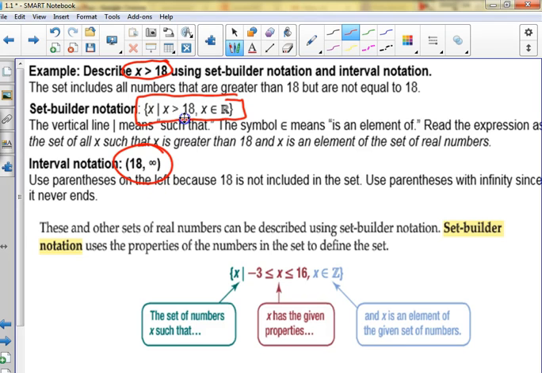But I just want you to know when you see this in the back of the book, this is what I'm expecting you to write. Do you see a relationship there so you understand what that means? Remember, my answer keys are always over there, and I answered in interval notation. So here's one. It says x such that x is between -3 and 16, including both ends, where x is an element of a given set of numbers.